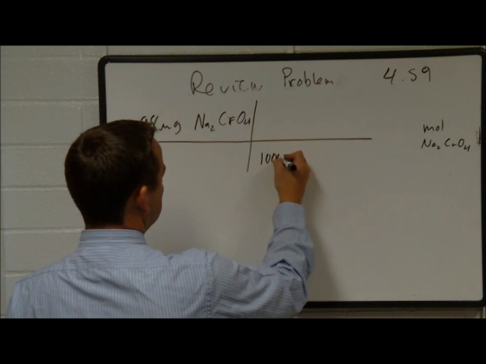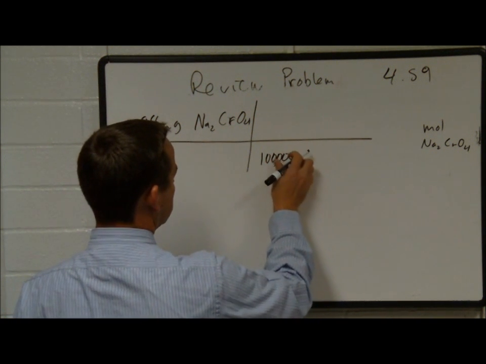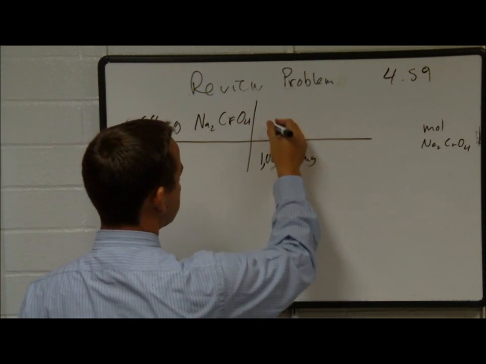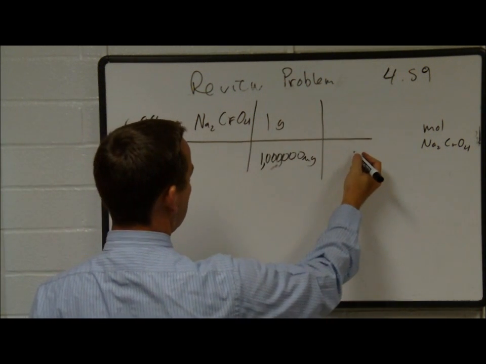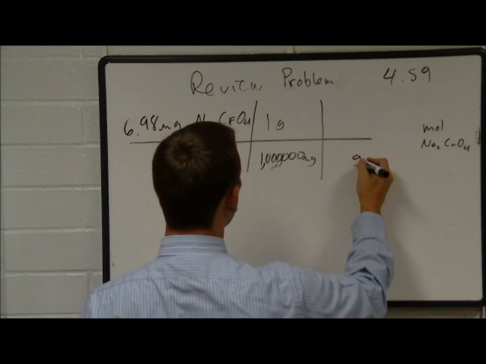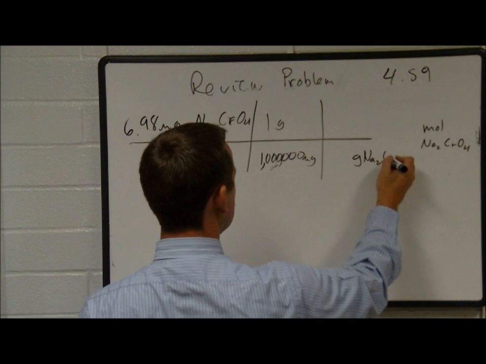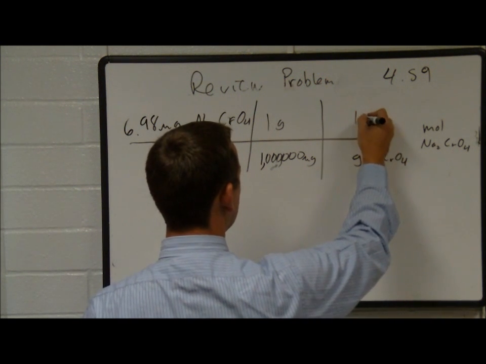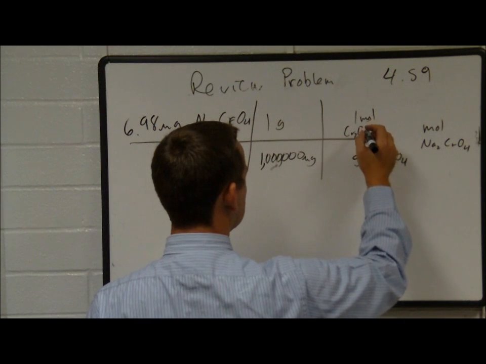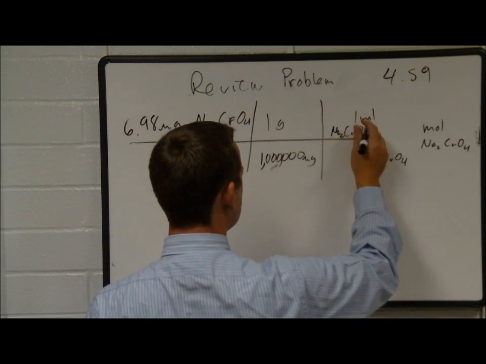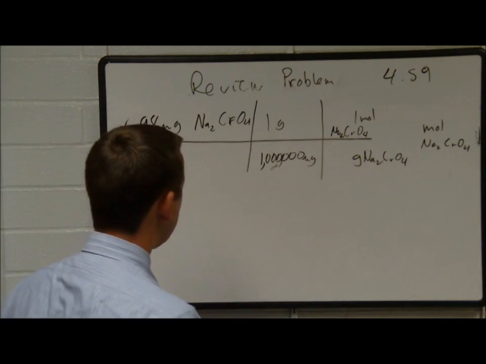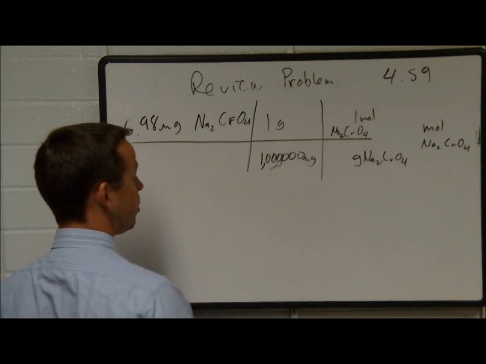Well, there's a million micrograms for every 1 gram. And there are how many grams of Na2CrO4 for every 1 mole of Na2CrO4? So how many grams of sodium chromate are there per mole of sodium chromate?